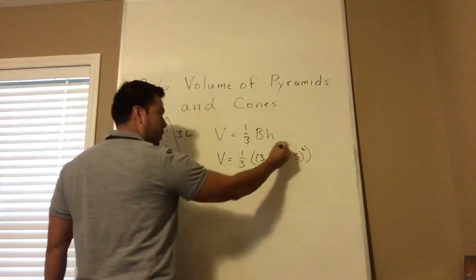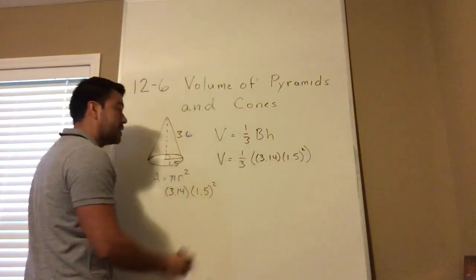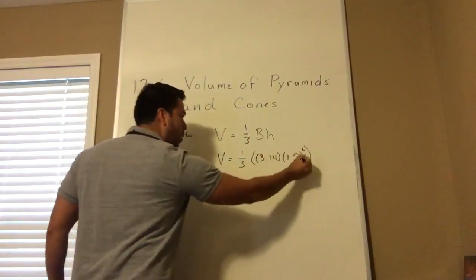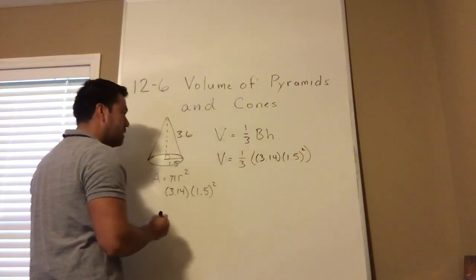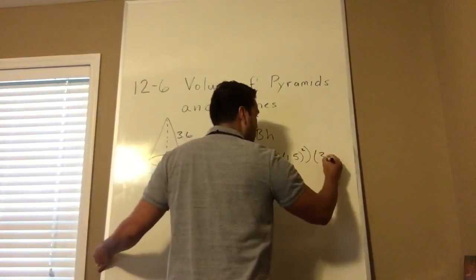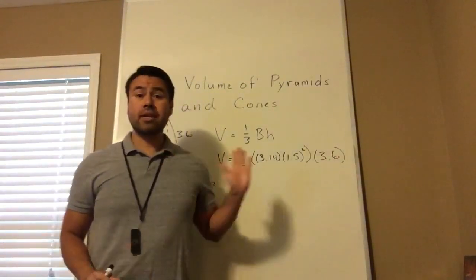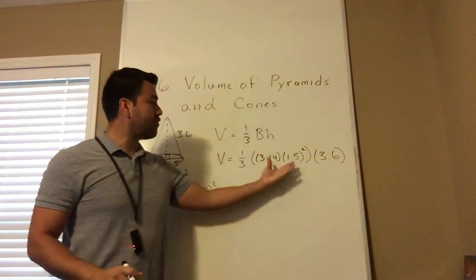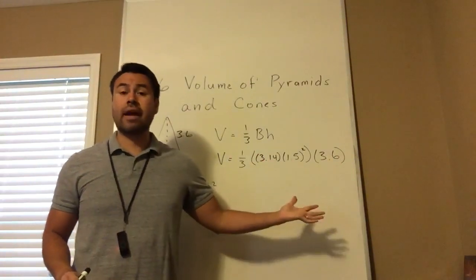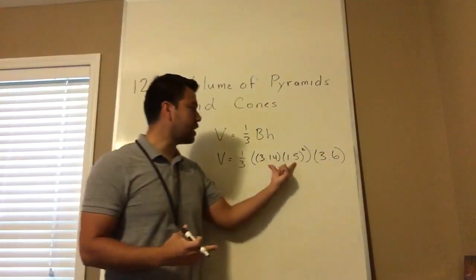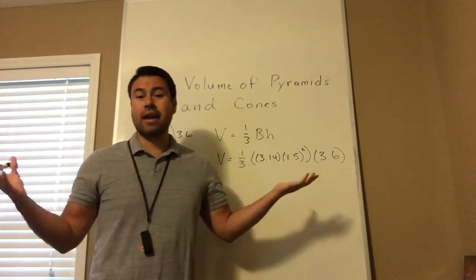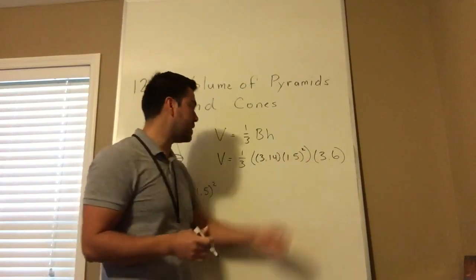Okay, so that's the formula for the area of a base. And I substituted capital B with all of this, because that's what it is. And then the height is 3.6. Another reason why I'm doing it this way is because sometimes you find the area of the base, but you don't work it out further than that. You just, oh, you got the area of the base, and then you're like, I did all the work. No, there's more to be done.